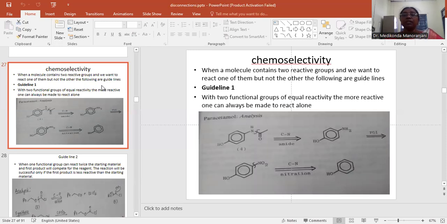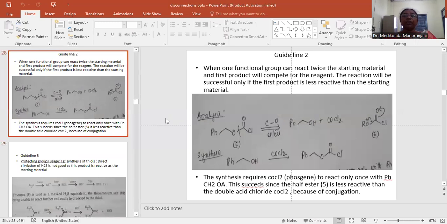So only one can be made reactive and it can react alone. Guideline 2. When one functional group can react twice, the starting material and the first product will compete for the reagent, and the reaction will be successful only if the first product is less reactive than the starting material.